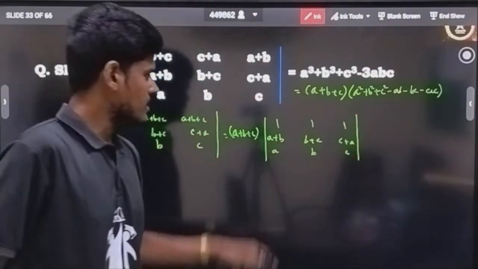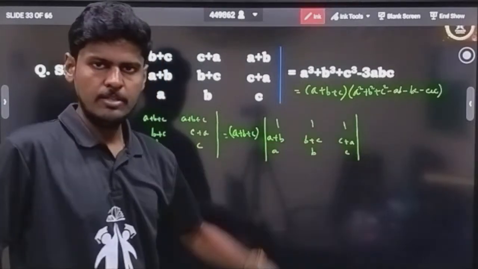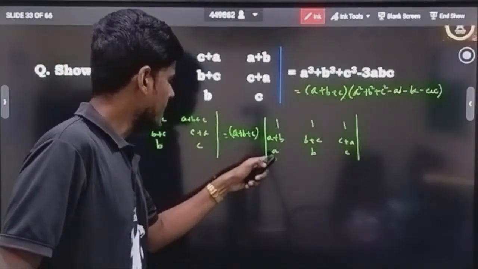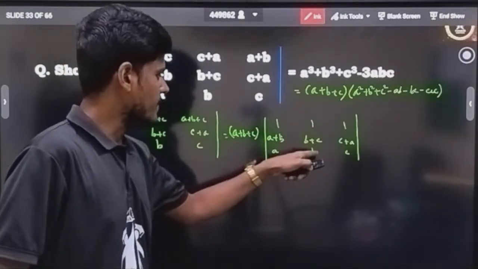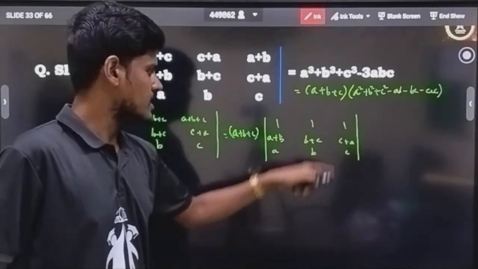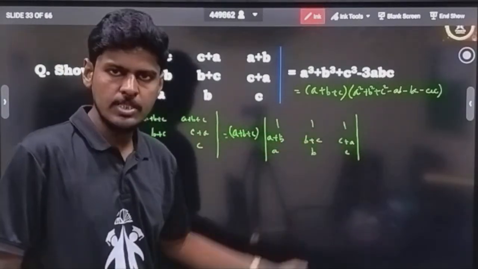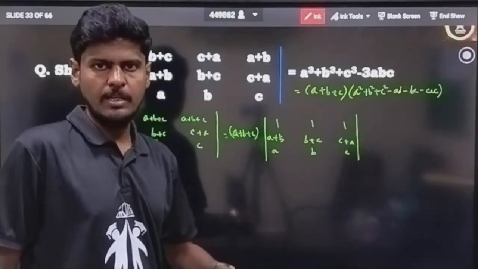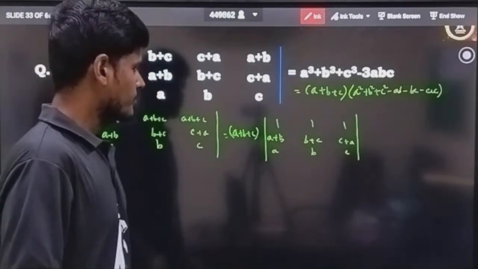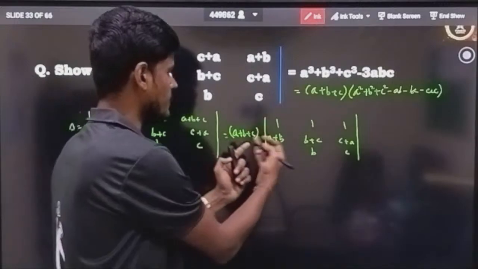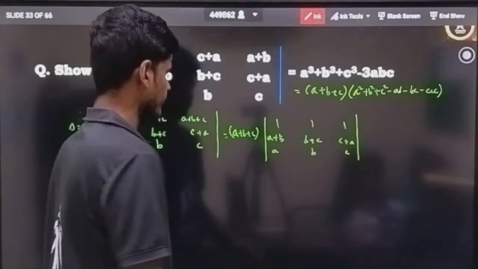Next what we can do is, from third and second row, a plus b minus a will become b, b plus c minus b becomes c, c plus a minus c will become a. So we can subtract these two rows, then we will get a single element, it will be easier to expand. That is one way. Or we can also subtract column wise.